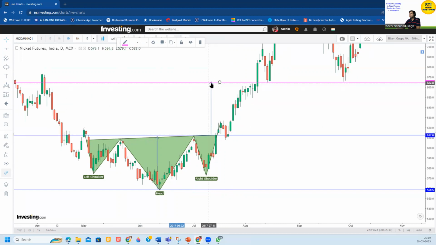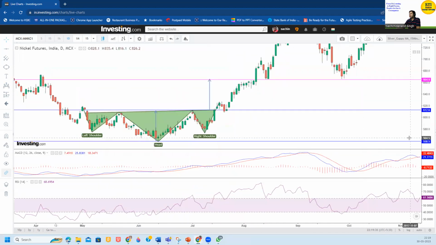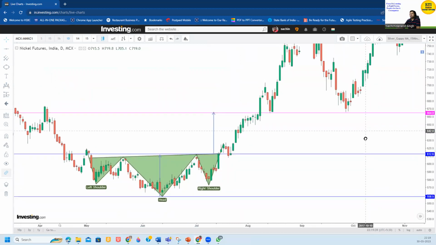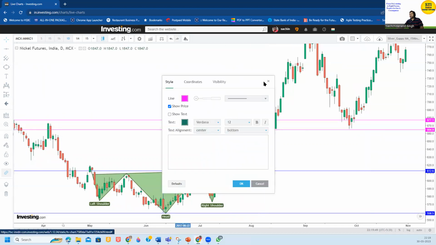When my target is achieved, when the stock reaches this point, I should be able to make an exit. And if we have a good quantity, we can take a cautious decision to sell 50% here, and with the remaining 50%, wait for the next target.